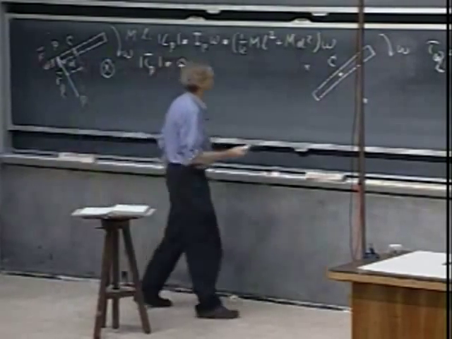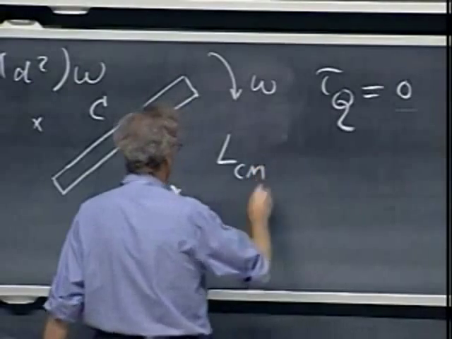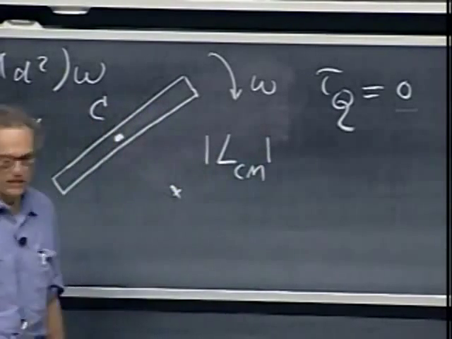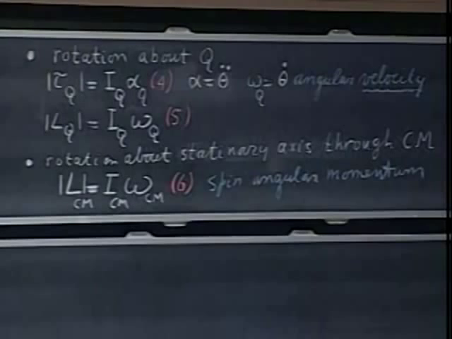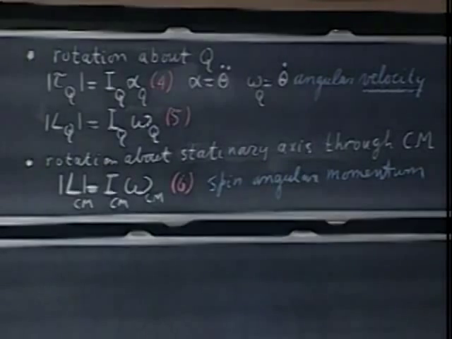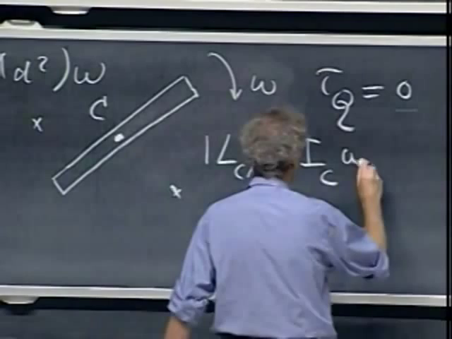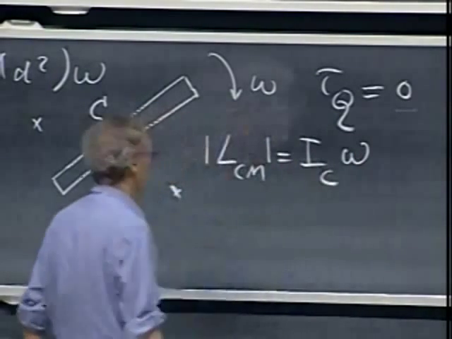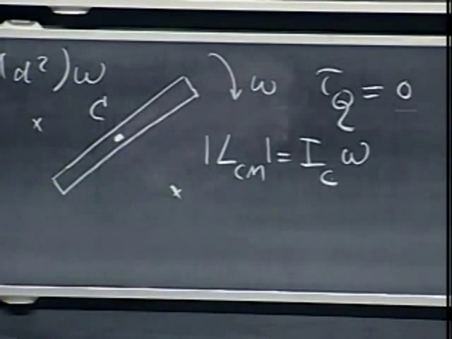And if you want to know how large it is, the magnitude of the angular momentum I calculated about C, which is the center of mass, is simply equation number 6, the moment of inertia about that point C, which is the center of mass, times omega about the center of mass. So C, M, center of mass, and C are the same point.